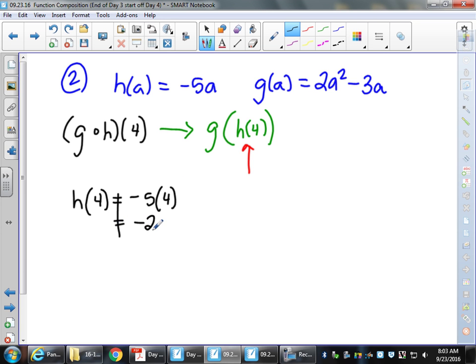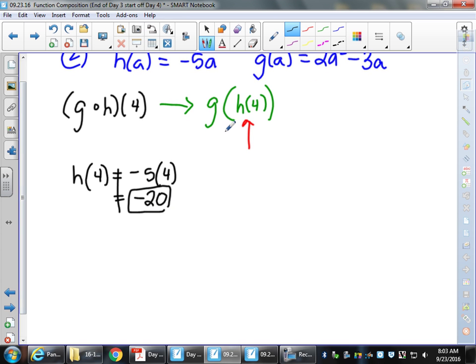That's negative 20. So h of 4 equals negative 20. Now we're actually going to be figuring out g of negative 20. See how that works? It's pretty nice. So go ahead and find g of negative 20, and then we'll compare.